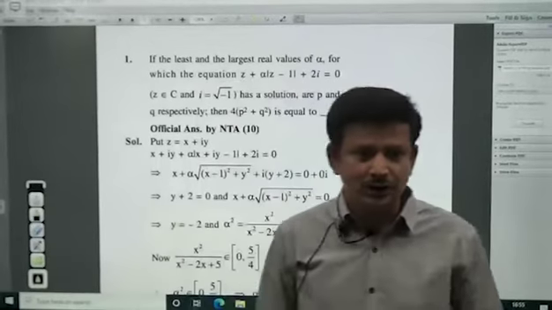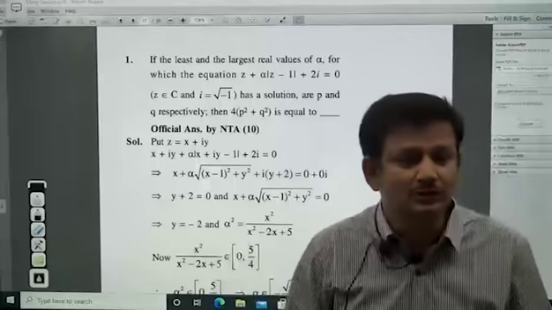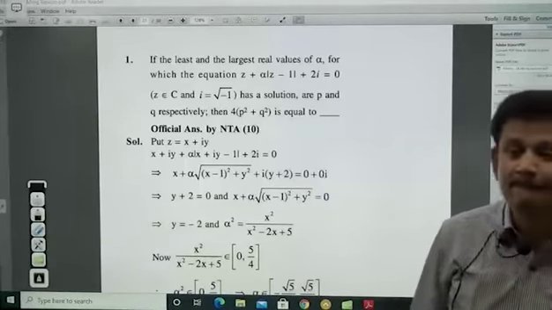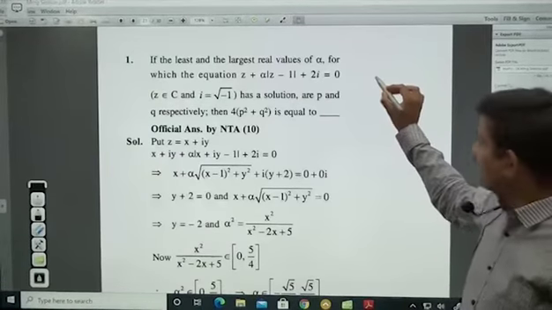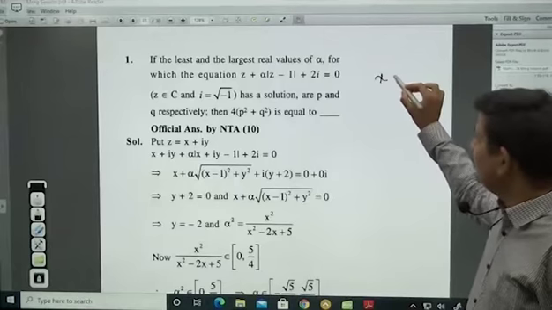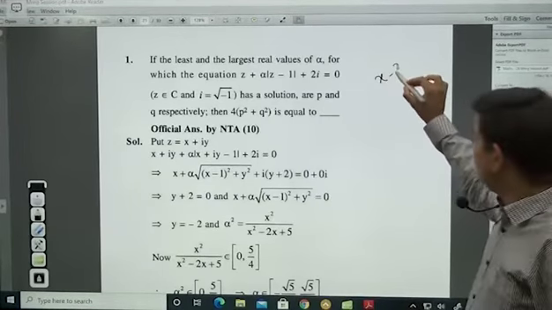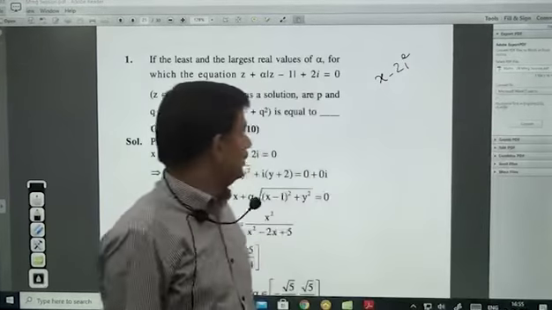Yes or no? So the remaining part of the equation should also be a real number, only then it will be equal to 0. So z plus 2i should be a real number. So z, what will it be? Some real number x comma minus 2. Z will be x minus 2i.